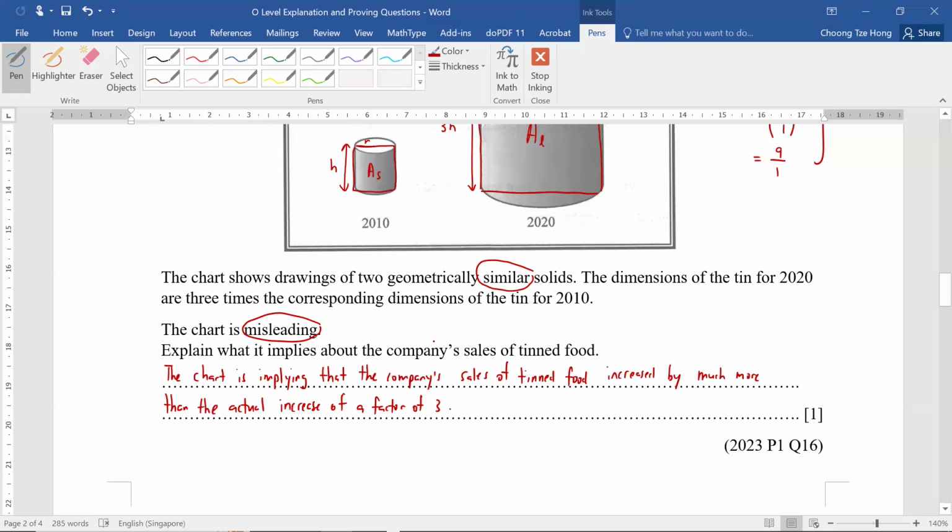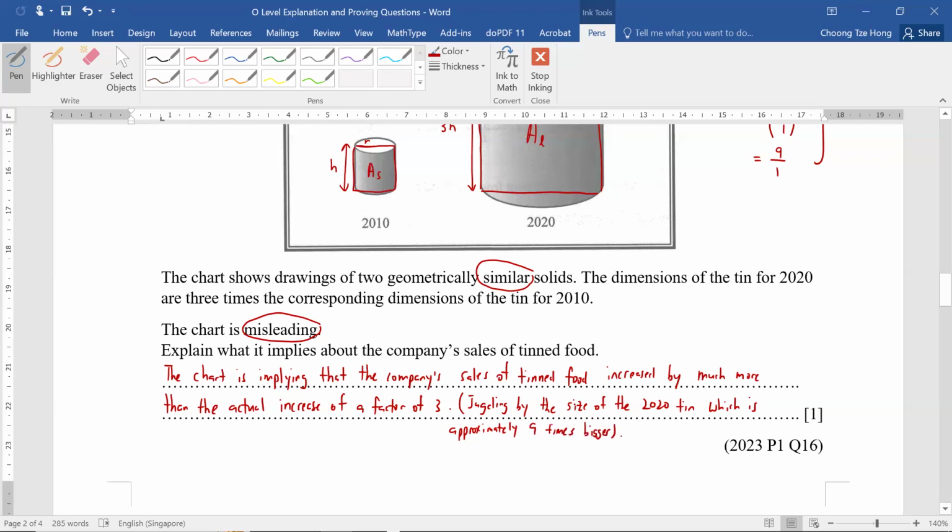What you can write down is, judging by the size of the 2020 tin, which is approximately 9 times bigger.